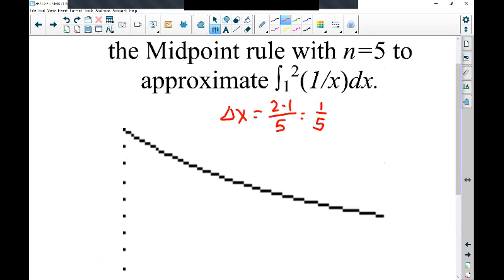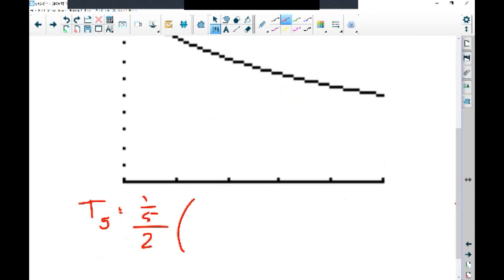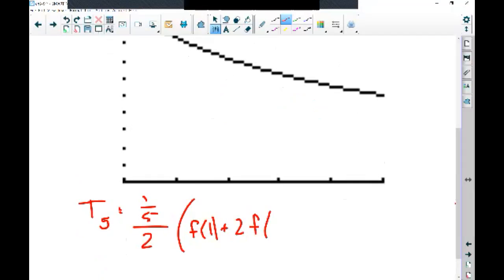We're going from 1 to 2. So I'm going to have my function value at 1 plus 2 times my function value at 1 plus delta x. Our delta x is 1/5 or 0.2.